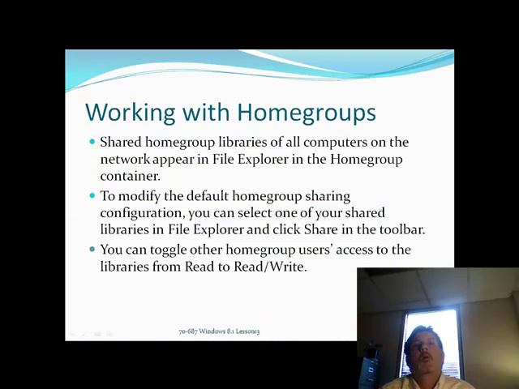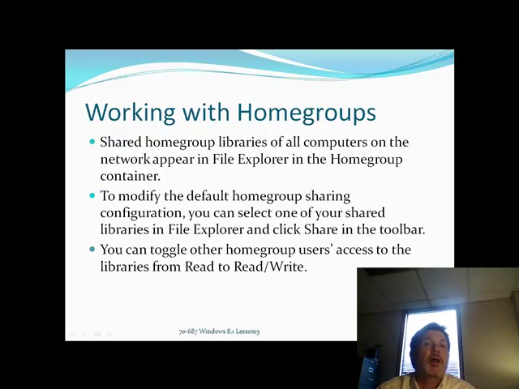Now, when it comes to working with home groups, shared home group libraries of all the computers on the network are going to appear in File Explorer in the home group container. To modify the default home group sharing configuration, I'm going to have to select one of those shared libraries in the file folder and click Share in the toolbar.